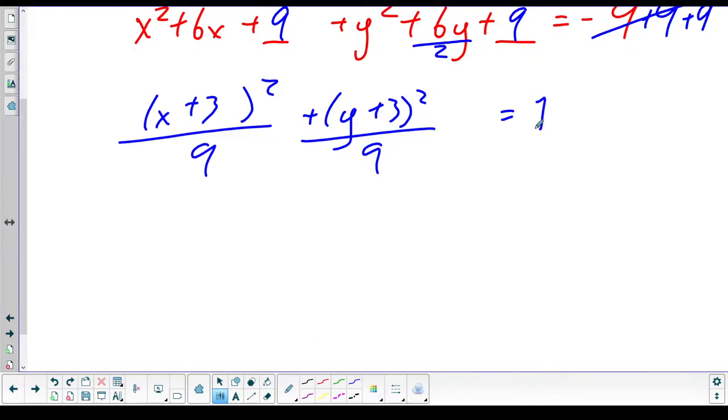Equals 1. So this looks very much like an ellipse now, but we notice our semi-major and semi-minor axes have the same number, so it's equally wide as it is tall. So there we go. There's your notes for identifying the difference between conic sections.